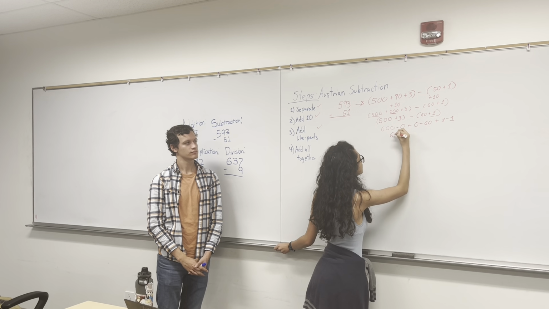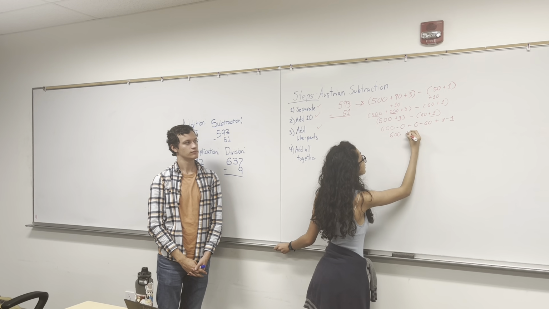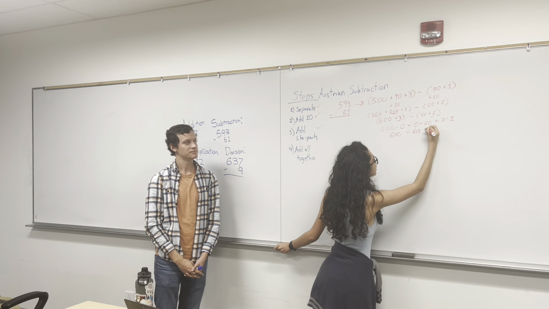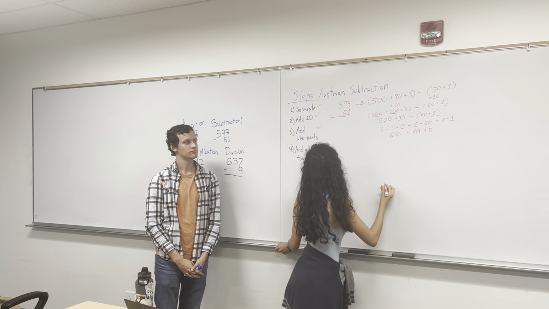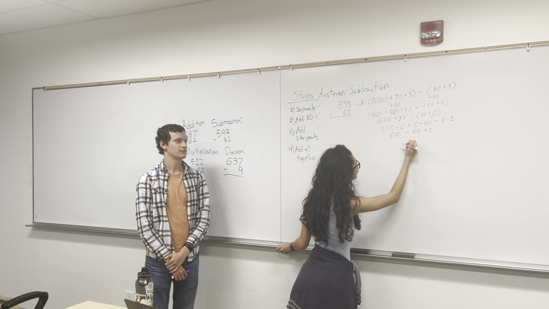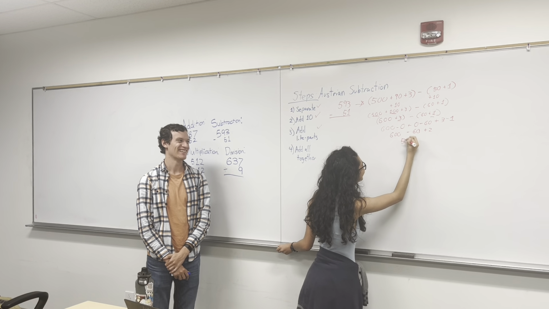We will get 600 minus 60 plus 2. And then we move on to our fourth step, where we add all these components together to get 600. Did I mess up? 540. 540. We add that plus 2 to get our final answer of 542.